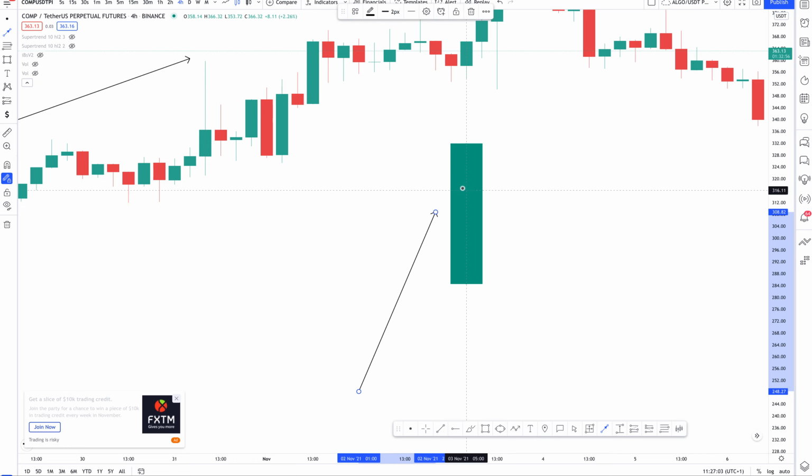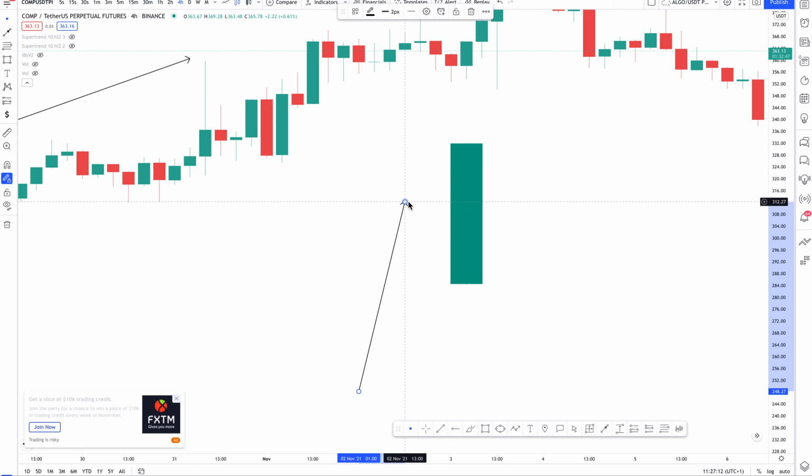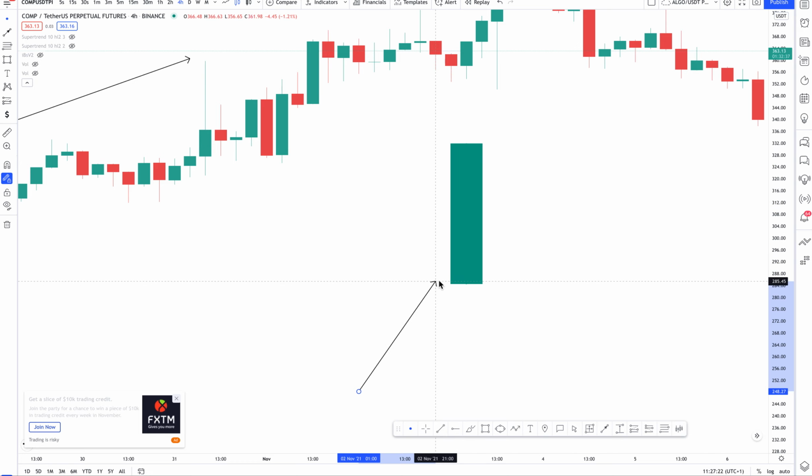Now, in the course of events, as price moves, one thing you need to understand is that price is not a constant or fixed factor. The fact that this candle is like this doesn't mean it will remain this way. Price is always changing, which means this candle will always change.